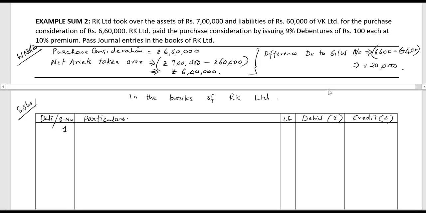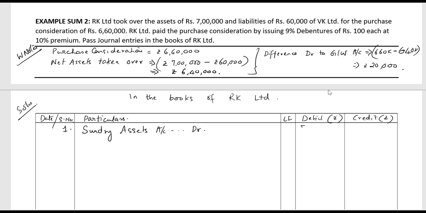So let's pass the first journal entry. Sundry assets account debit. The sundry assets taken over is rupees 7 lakh. We need to debit the goodwill account.